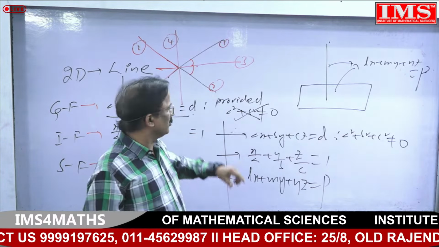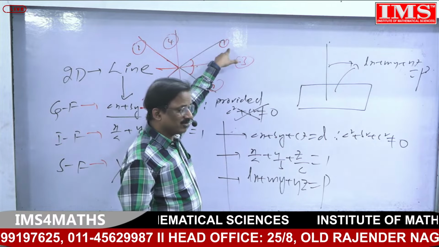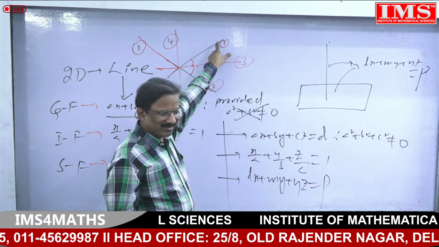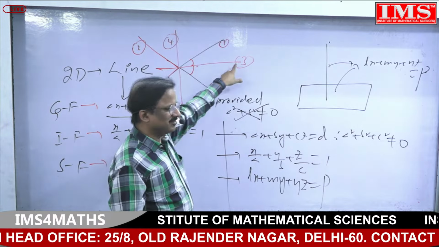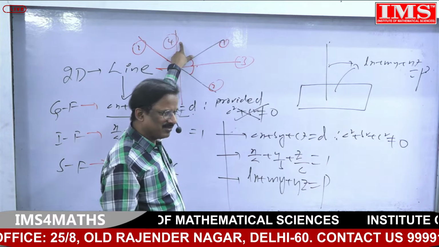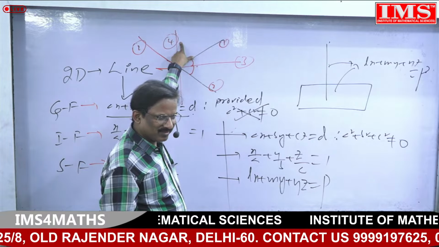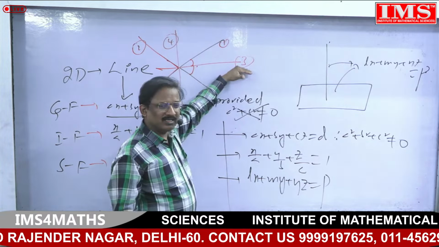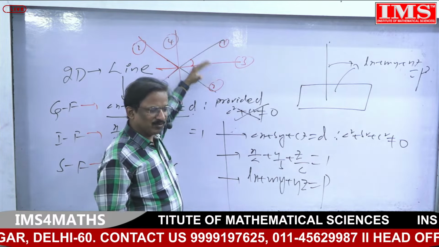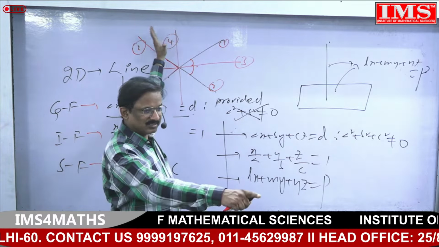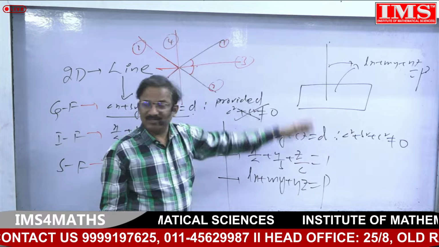Now forget about the lines and go to the plane: plane 1 and plane 2, and then plane 3 and plane 4. The third plane is known as the angle bisector plane between the two given planes. The fourth plane is also an angle bisector plane between the two given planes.